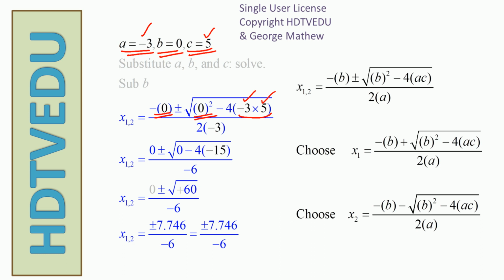And what is negative 4 times negative 15? Positive 60. And what is the square root of positive 60? 7.746. So your answer is 0 plus or minus 7.746 divided by negative 6, which is as good as plus or minus 7.746 divided by negative 6.